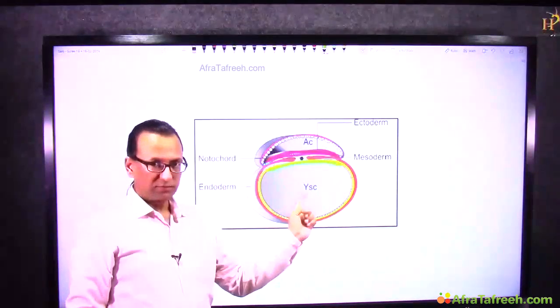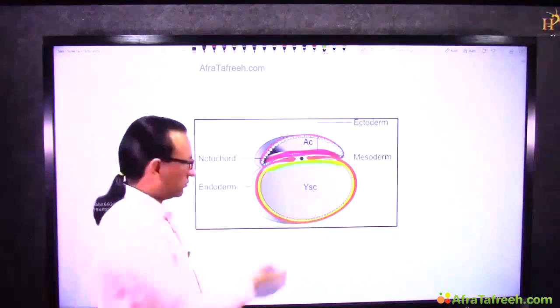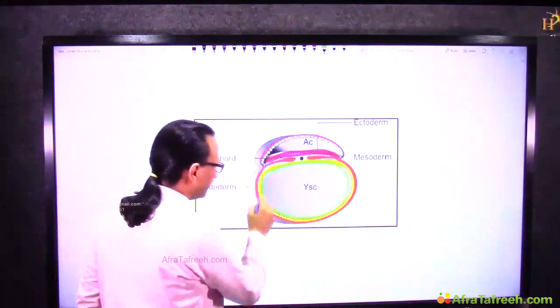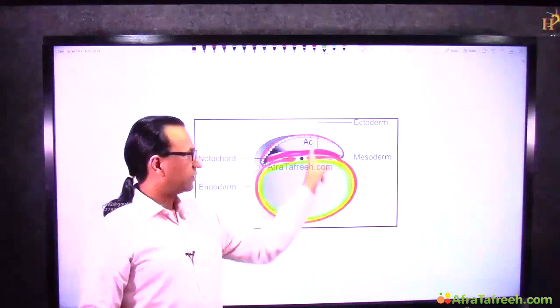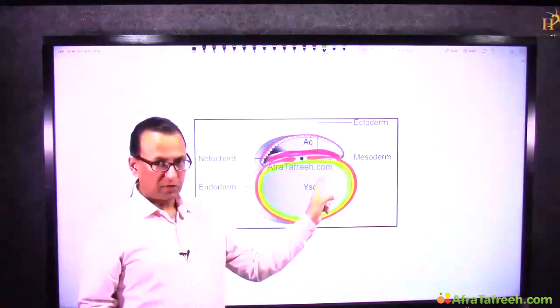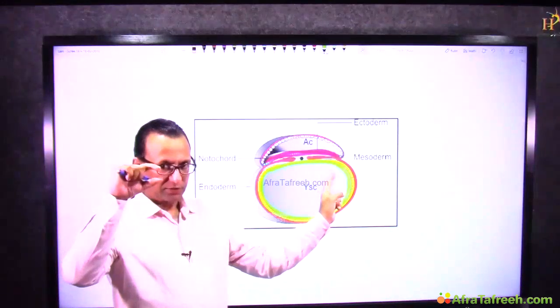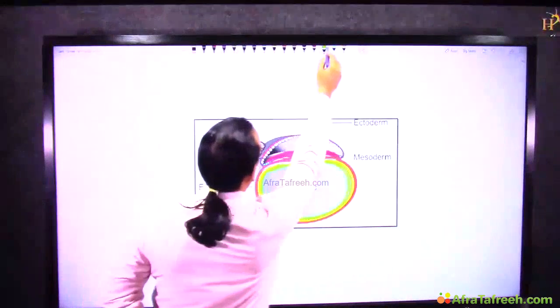This endoderm is also covering the yolk sac cavity entirely there. And between the two germ layers, that is ectoderm and endoderm, is the mesoderm. There is an axial mesoderm in the center, and that is called the notochord here.